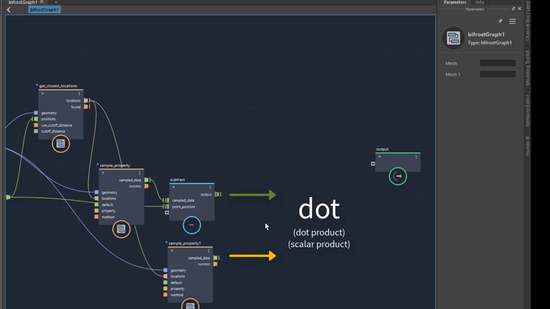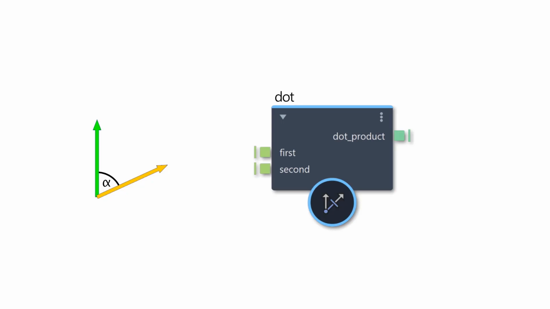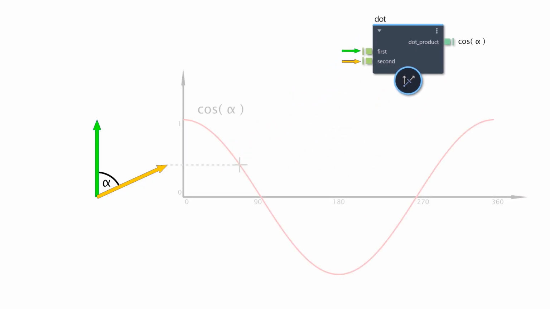Oh my, how can we imagine that? I'll show you a diagram of it. These are the two vectors we want to compare. These two are inputs for the node dot. As a result, we get the cosine of the angle between the two vectors. This sounds complicated, but is actually quite simple.